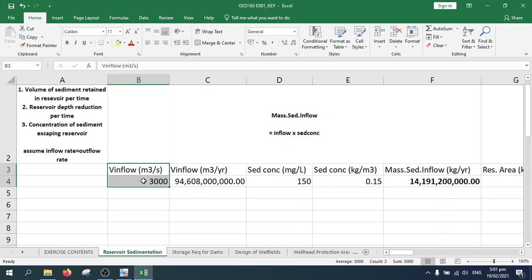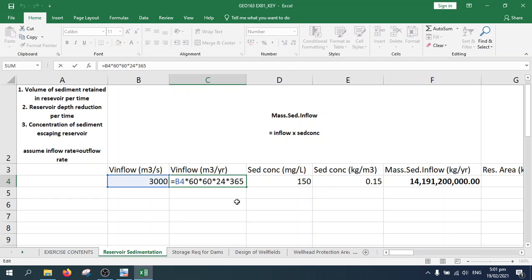Now, you're given the water inflow rate in cubic meters per second as per the textbook. All you have to do is convert this rate into cubic meters per year.